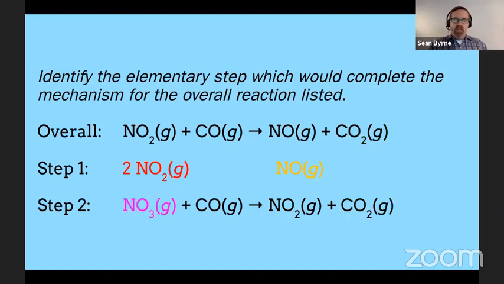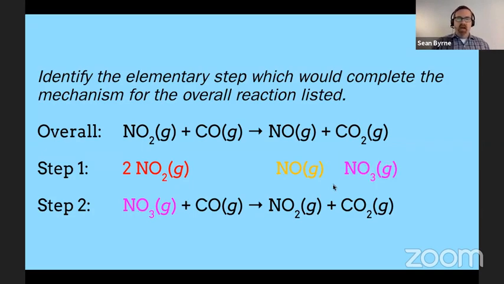The last thing we need to consider is NO3, nitrogen trioxide. How did that get there? Well, it turns out that that's going to be an intermediate between step number 1 and step number 2. And what we know about intermediates is that they are used up in step number 2 because they were produced in step number 1.